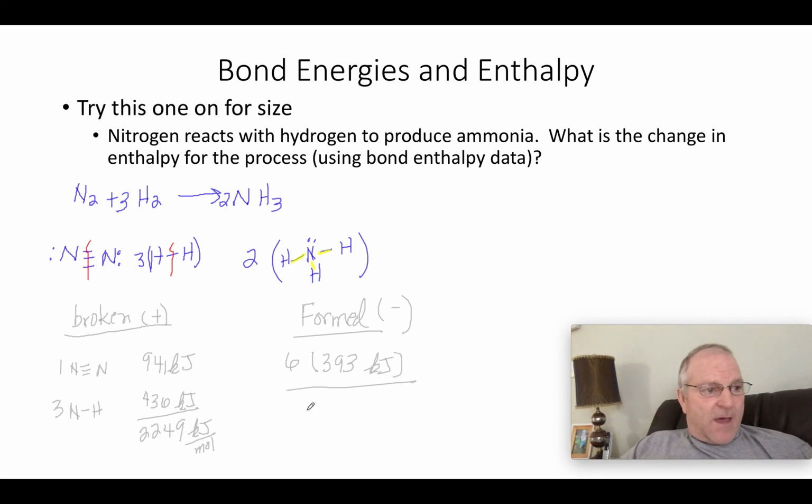And when you add all that up, that would be 2,358 kilojoules. And since that is a negative quantity, and delta H is, add those 2 quantities, so delta H of that reaction right there is, when you add those 2 quantities, I believe you get negative 109 kilojoules per mole.